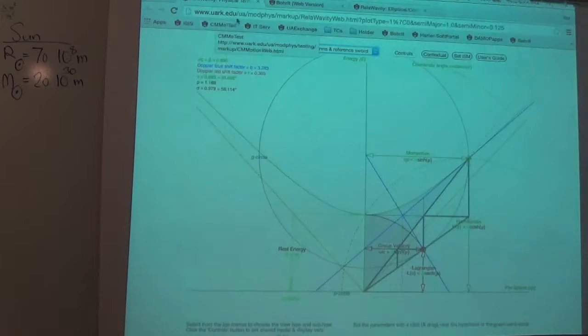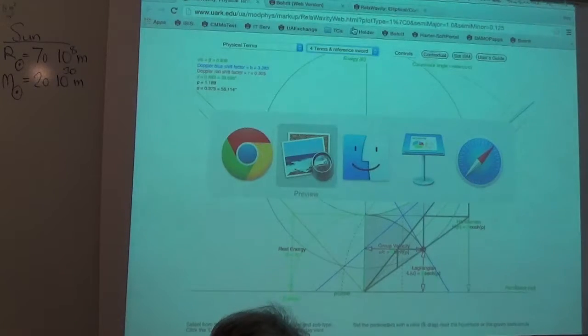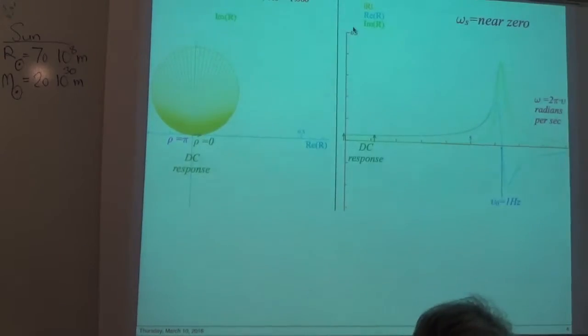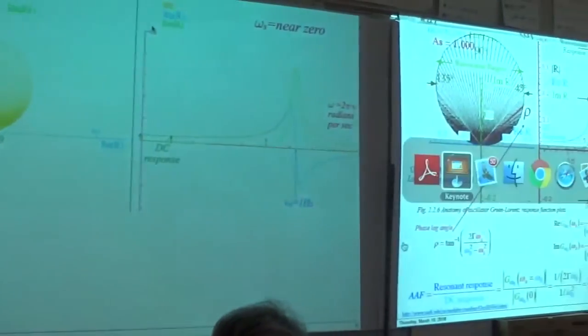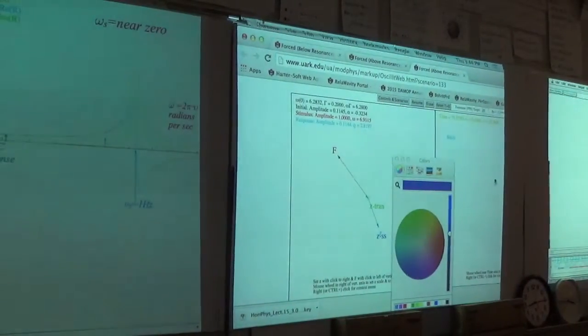Let's see where I can find that. I think I probably ought to do it on the other one. So let me go back here. We'll use this one as a sort of a reference, and try it on this one, using Chrome, which I hope has it. Yeah, I think this has got it going.